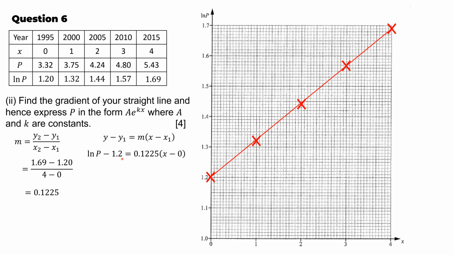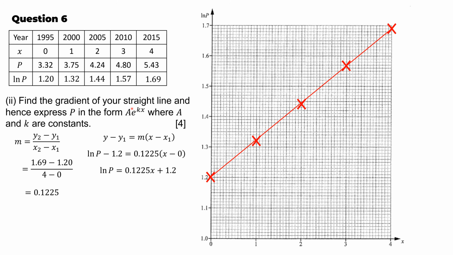Of course, you can choose any points and substitute into this equation; you should get the same answer. Next, make ln P the subject. So ln P equals 0.1225x plus 1.2.